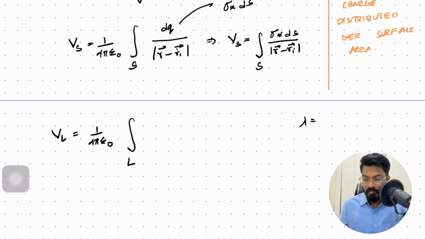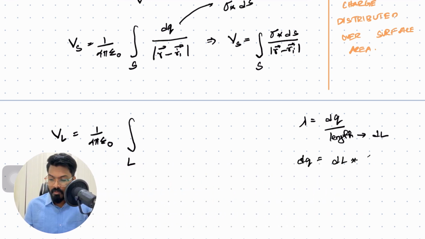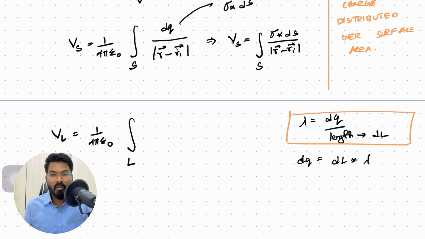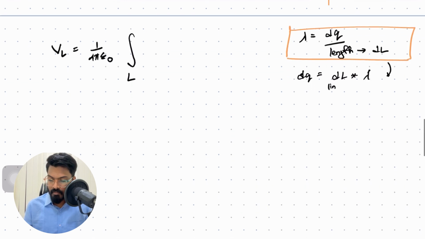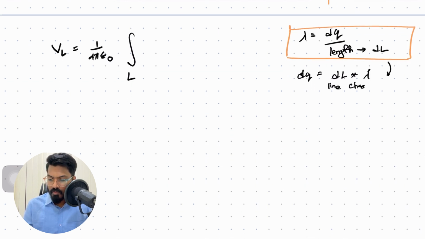Lambda equals the charge divided by length, which I'm keeping as dl. So dq equals lambda into dl. This we are going to call line charge density.